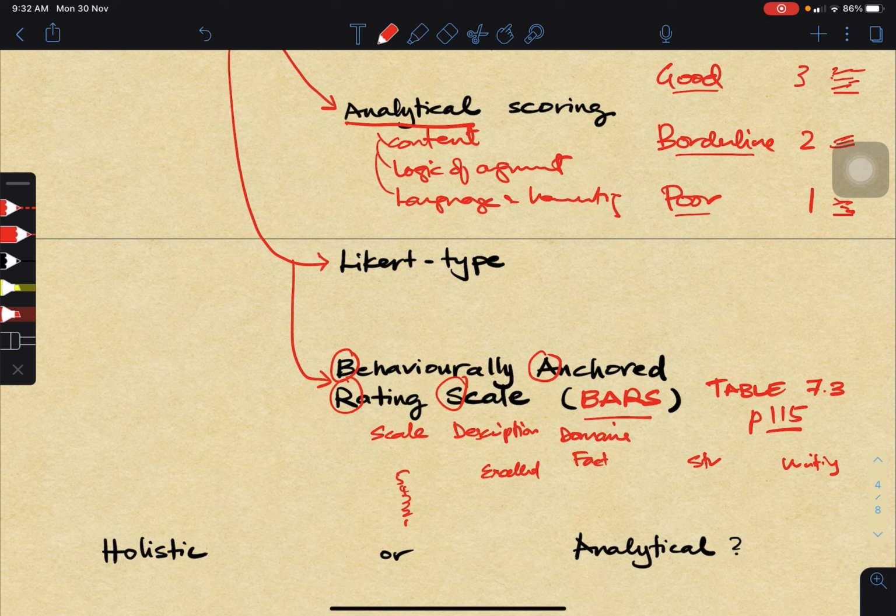You have good, satisfactory, marginal, unsatisfactory. So the author then describes what is excellent, good, satisfactory, marginal under fact, and under structural relationships, what is the definition or the behavior that is required, as well as in the writing. Please have a look at the table.